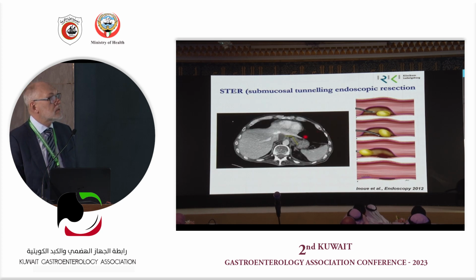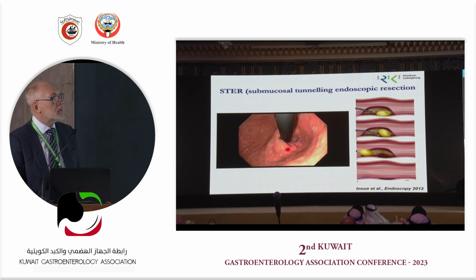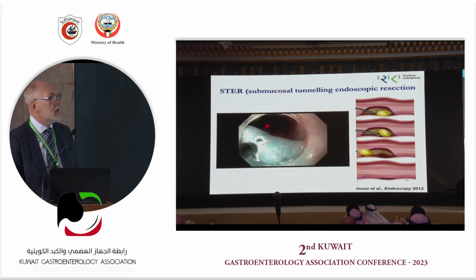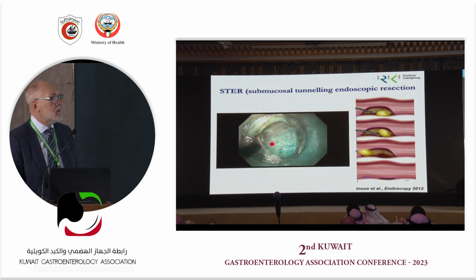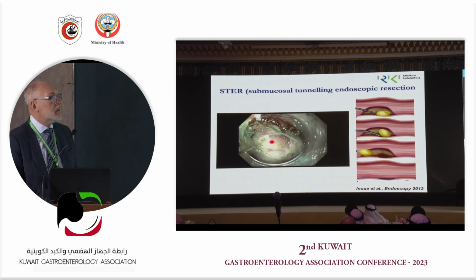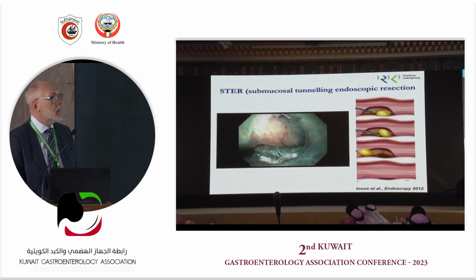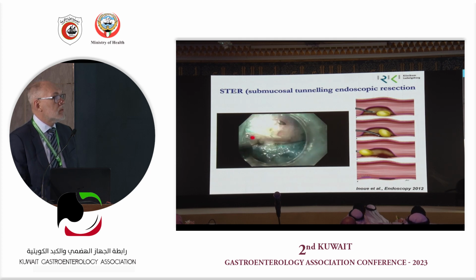You see here a 3.7 centimeter lesion, and just like in the POEM procedure, you prepare your tunnel, injecting toluidine blue, and then you find this white guy, and you know this white guy is a leiomyoma. Then you need to prepare it and take it out from the paragastric tissue.